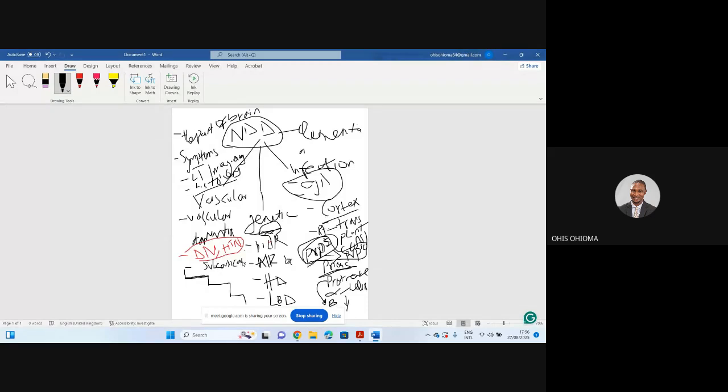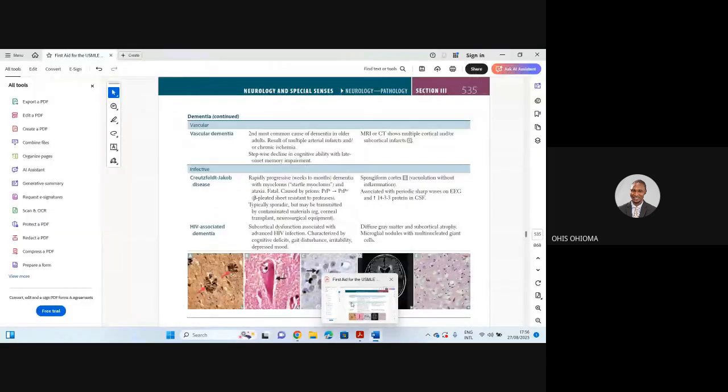vascular dementia. And on CT scan, what you see for the patients is multiple subcortical infarcts. When we start doing images, I'll show you guys this a lot better. When we want to end the topic, I'll show you. So you can see these are subcortical infarcts, these white hyperdense areas here.